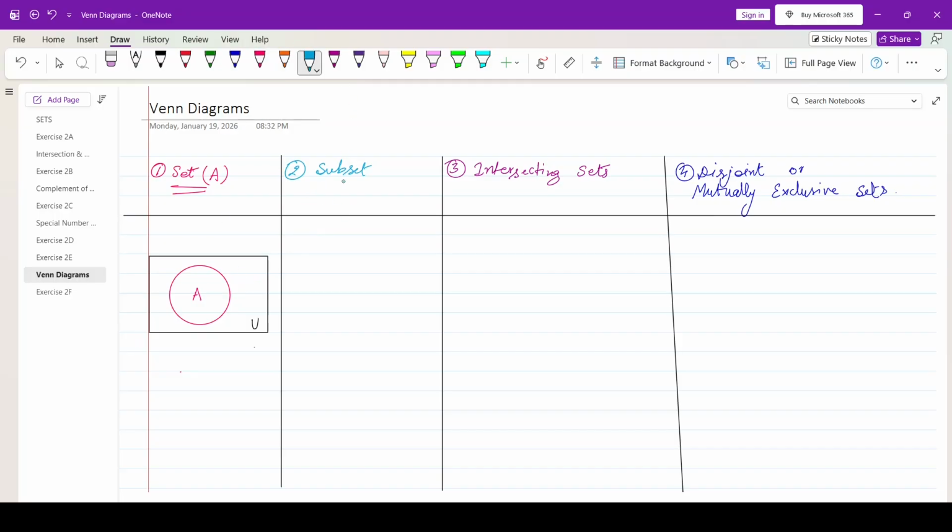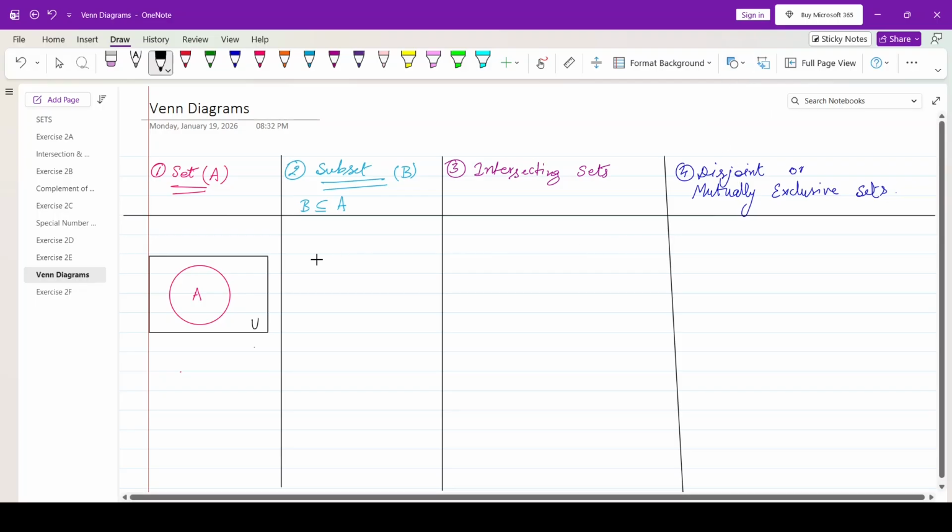When we talk about subsets, let's say B is a subset of A. How will we draw this? B is a subset and it is a subset of A. So to draw this, let's draw the universal set.